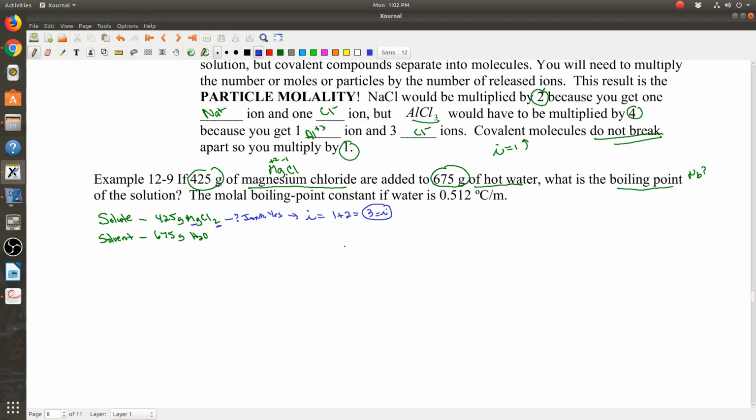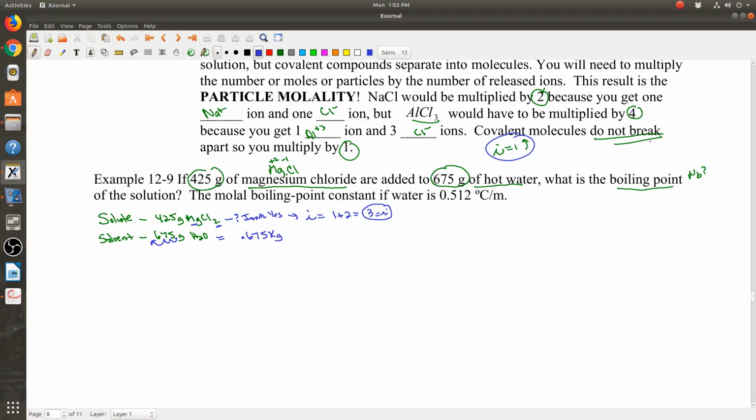We need to know what the value of i is, and that's if it's ionic. If it's covalent, the i value is automatically 1. All right, so this is the solvent. We have to turn that into kilograms, so we divide by 1,000. That's 0.675 kilograms. And I need that for molality.